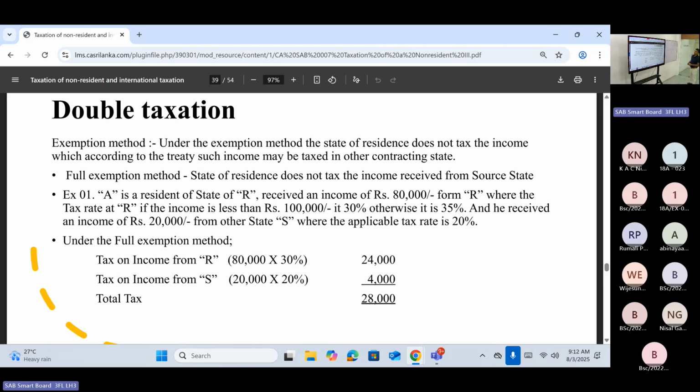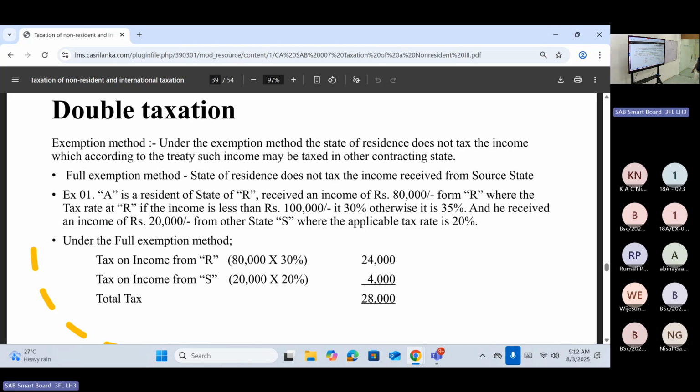So example one, A is a resident of country R. He received an income of 80,000 from R. He is receiving income of 80,000 from the resident country.